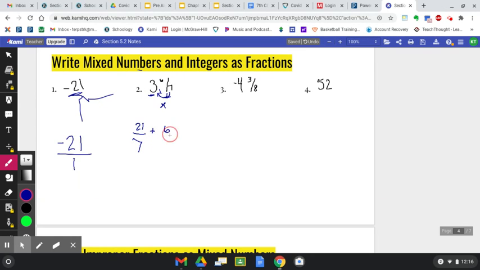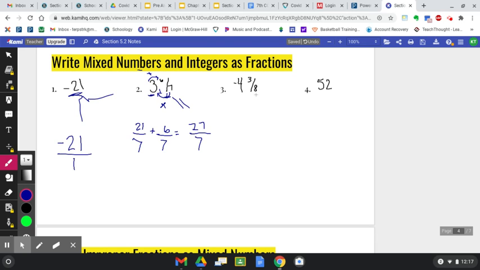Plus, I have this 6 over 7, right? So I'm going to add this right here, right? 21 and 6 is 27 over 7. So these two are equal. It's 3 and 6/7 and 27 over 7 are the same value, right? Just two different forms. This is a mixed number, this is an improper fraction.